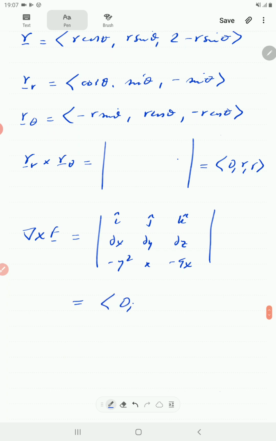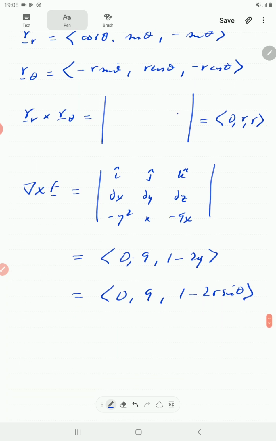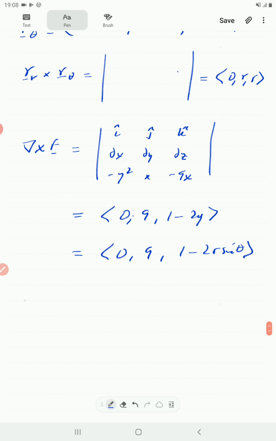So this is going to be 0, 9, 1 minus 2y, which in terms of those parametric is going to be 0, 9, 1 minus 2r sine theta. We are now ready to plug into our right hand side. So we've got curl of f dot dS.